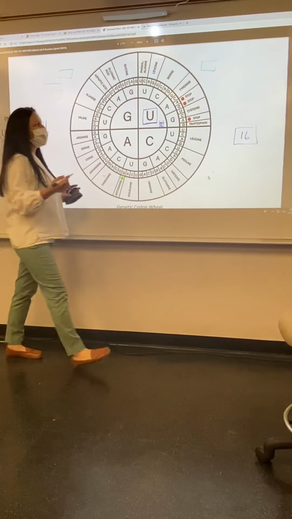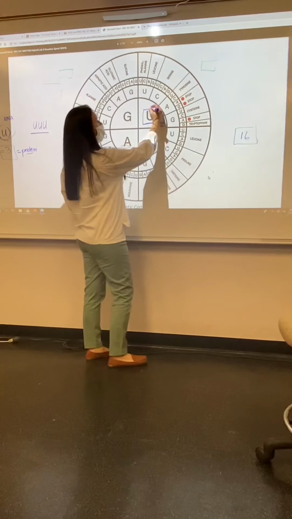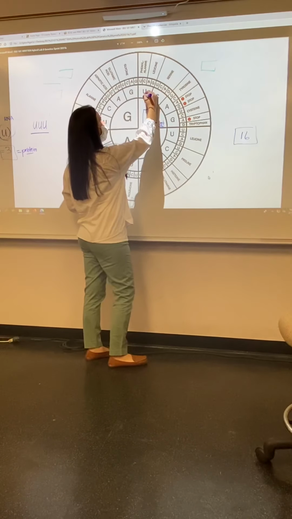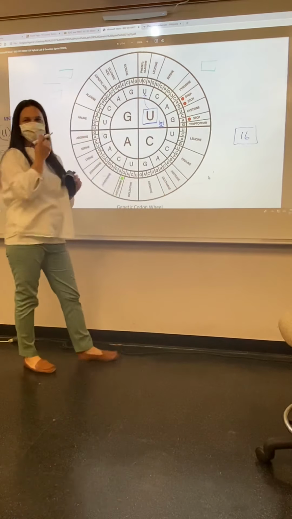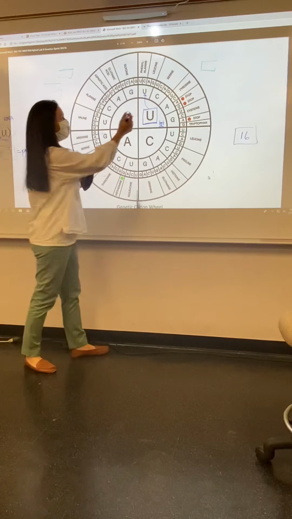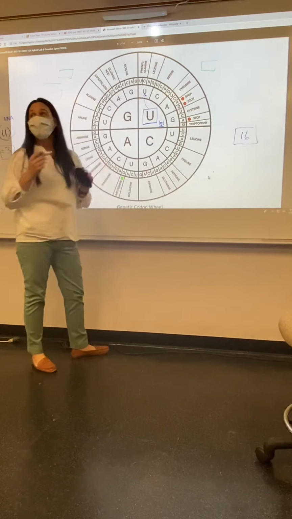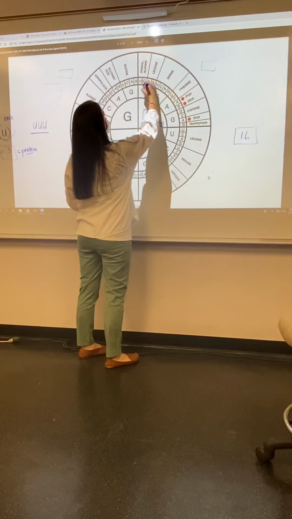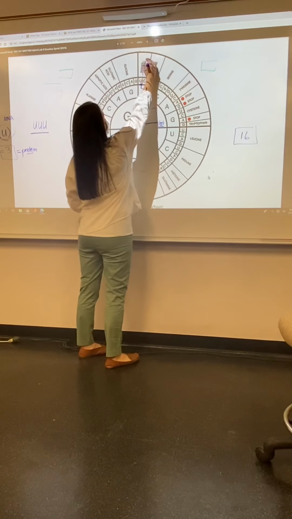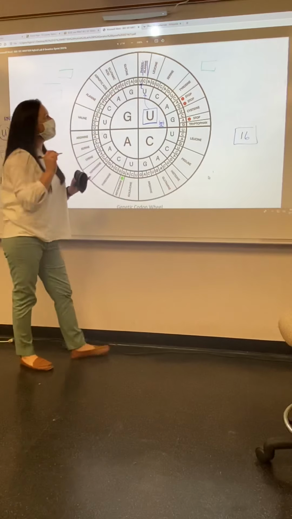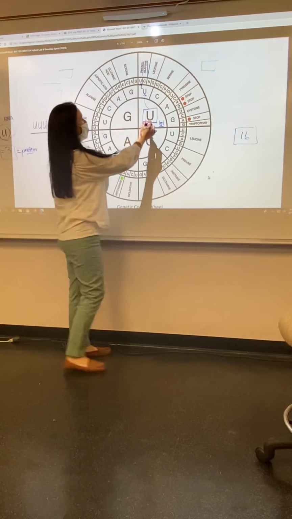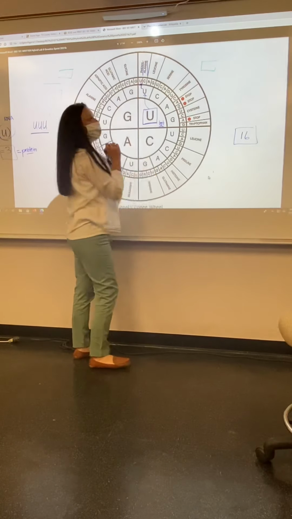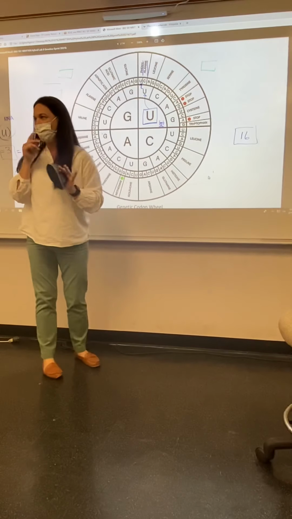All right? And then I'm going to go U. I'm going to go to my next biggest box. Now, whatever my third letter is where I'm going to code for phenylalanine. Now, what if I had UUC? It would still code for phenylalanine.